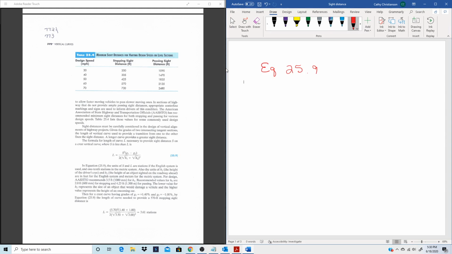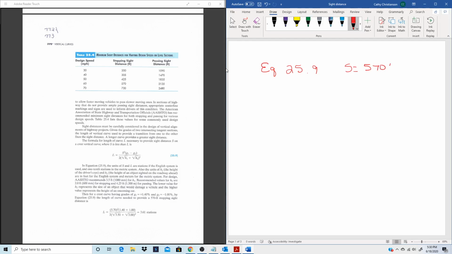To use equation 25(9), S has to be less than L. S is typically given in stations. So remember, that's 570 feet.